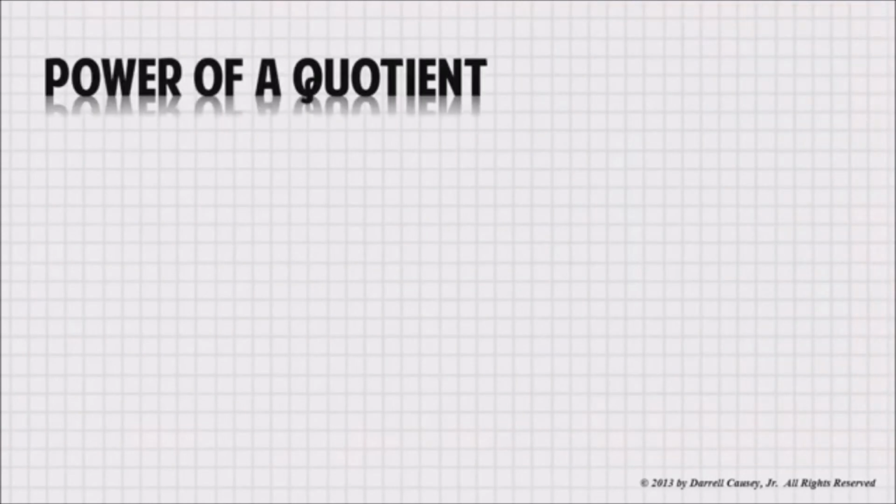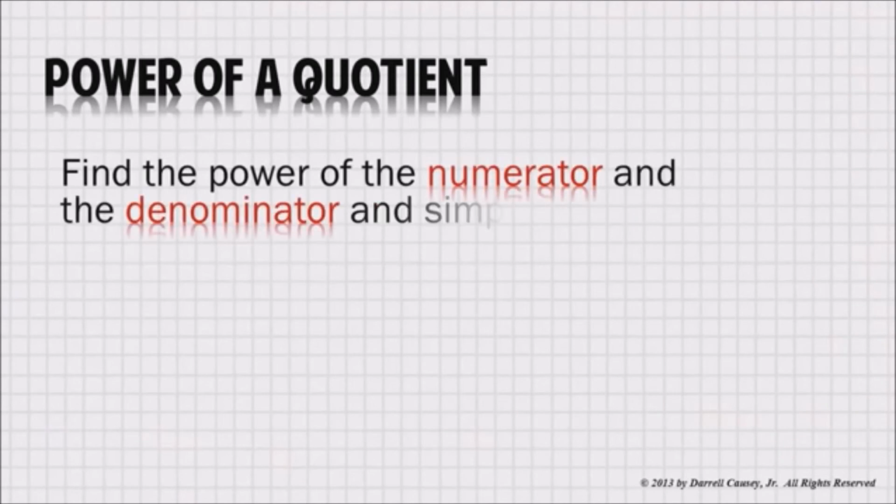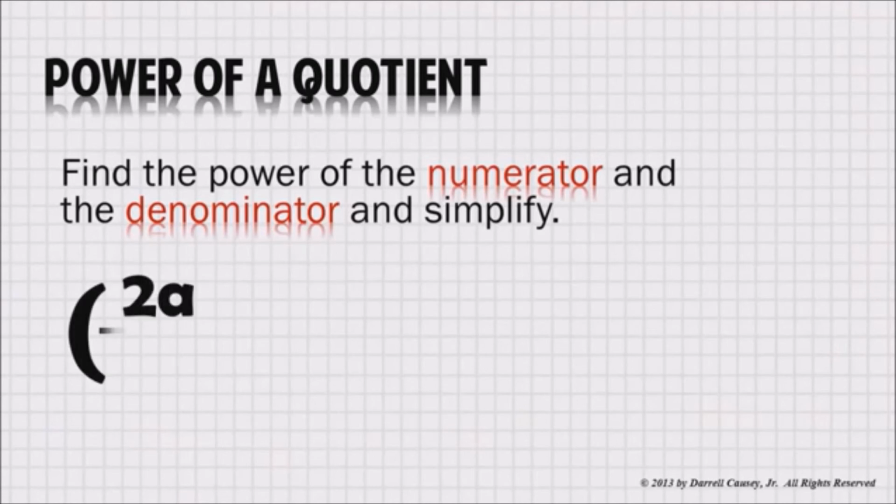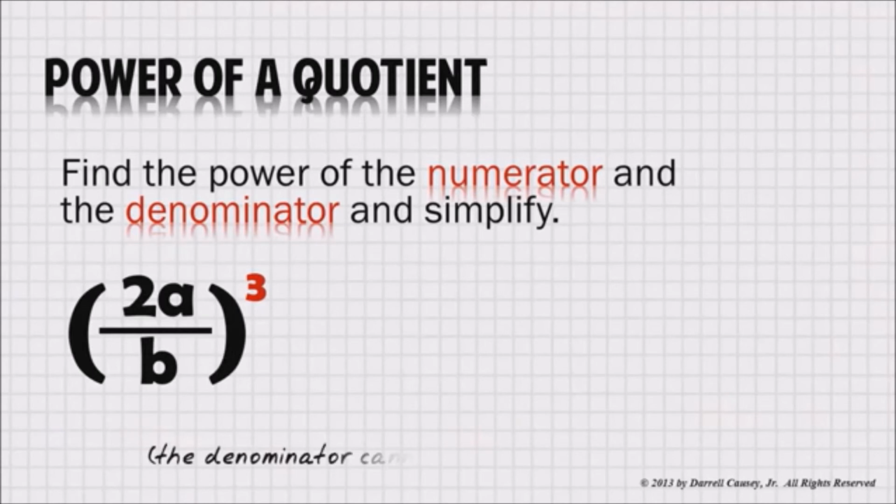Okay, next is the power of a quotient. Find the power of the numerator and the denominator and simplify. Since this is a power, we have to distribute. Example, we have the quantity 2a over b raised to the power of 3. The denominator cannot be 0.